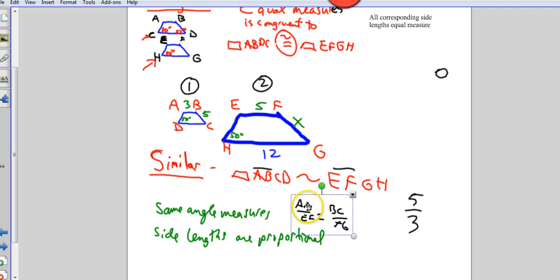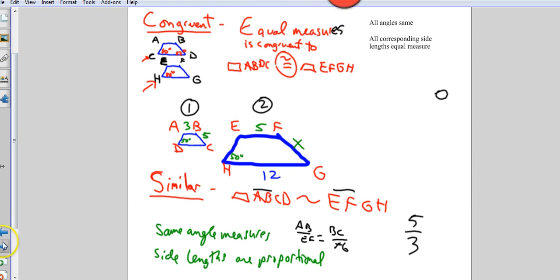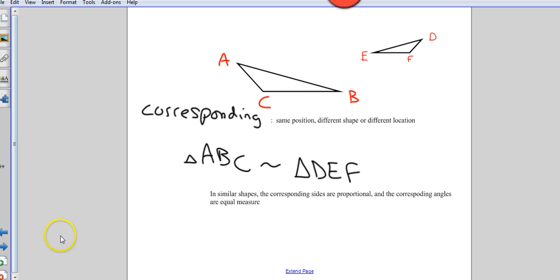So 3 over 5 equals 5 over x in this case, and then I figure out what that is, 8 1/3 or whatever. Know the difference between congruent and similar, and it's very important that we know which sides correspond with what. Corresponding again means same position in a different shape or different location.